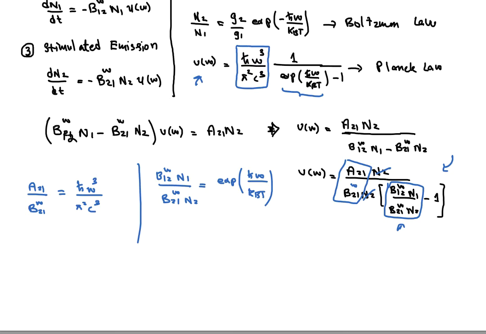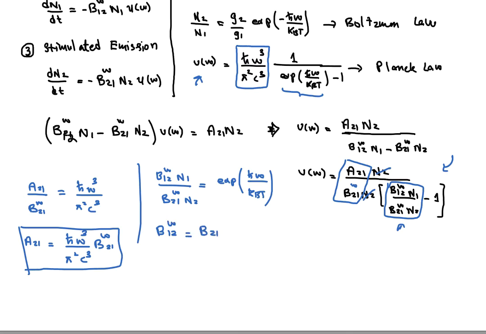So we can simplify this. A21 will be equal to h cut omega cube over pi square c cube B21 omega, and on the other hand B12 omega equals B21 N2 over N1 exponential h cut omega over kBT.